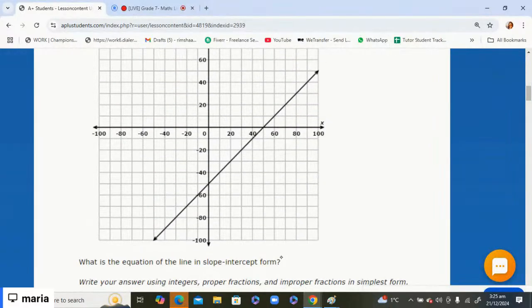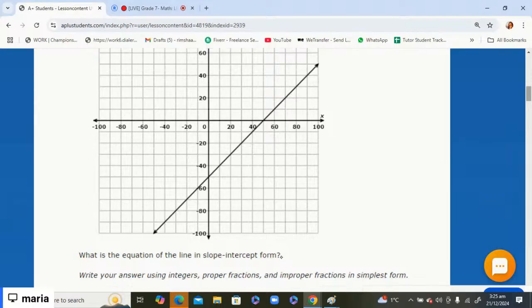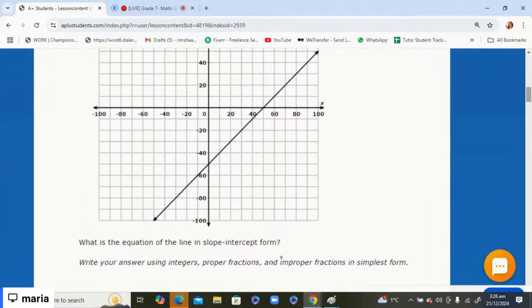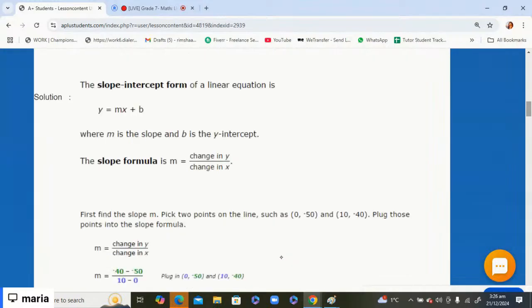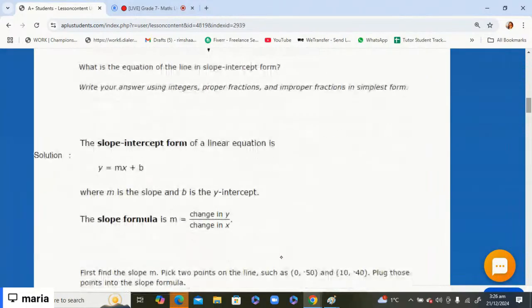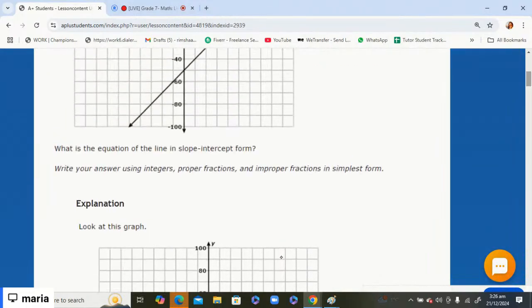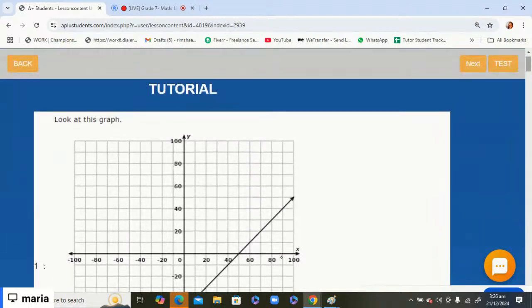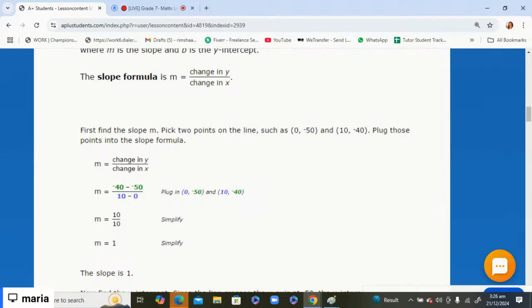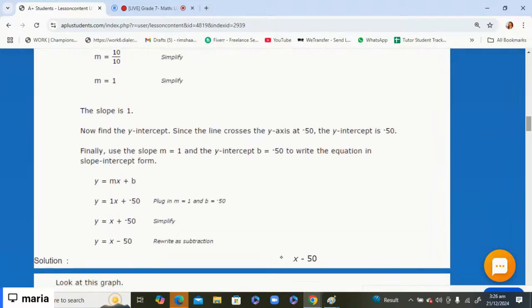Look here: (0, -50) and (10, -40). These points are given, so plug them in to find the slope. In this way m is given.